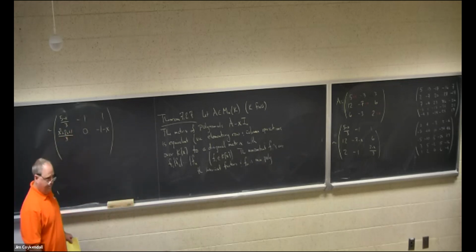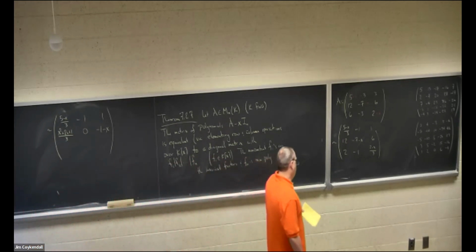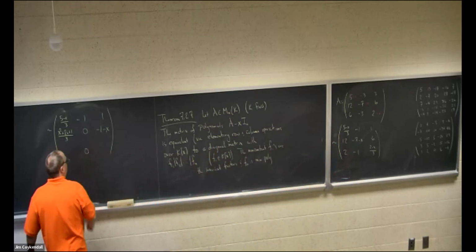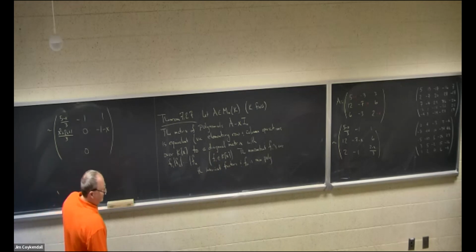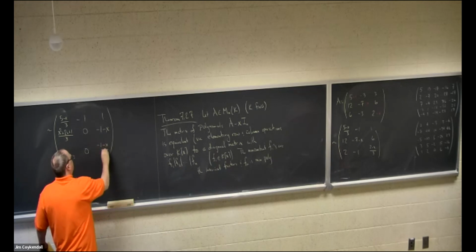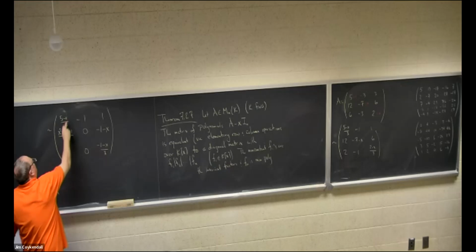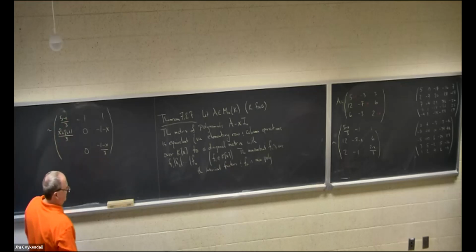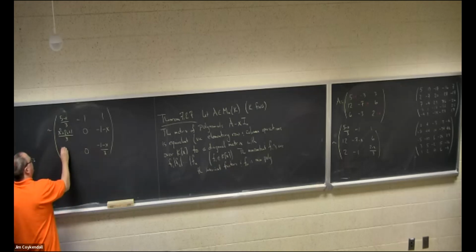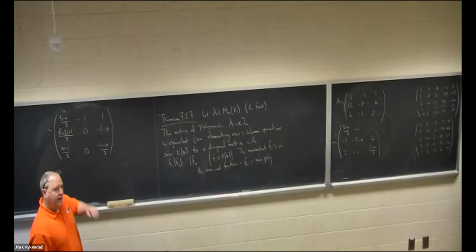Am I okay with it? Then I'm going to multiply the top row by -1 and add it to the bottom. That's going to give me a 0 here, and a -1 minus X over 3. And times -1 and add to the bottom, so that's going to be X plus 1 over 3. Everybody okay with that?